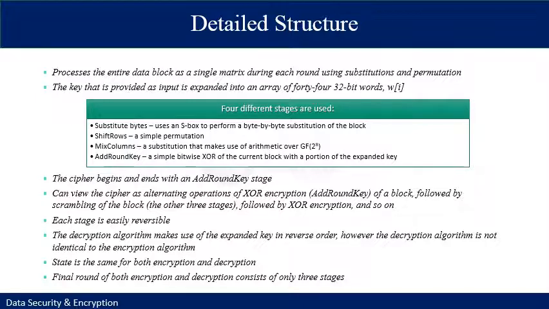However, in AES, the entire data block is processed as a single matrix during each round, used for substitution and permutation. The key is provided as input and is also expanded into an array of 44 four-byte words.